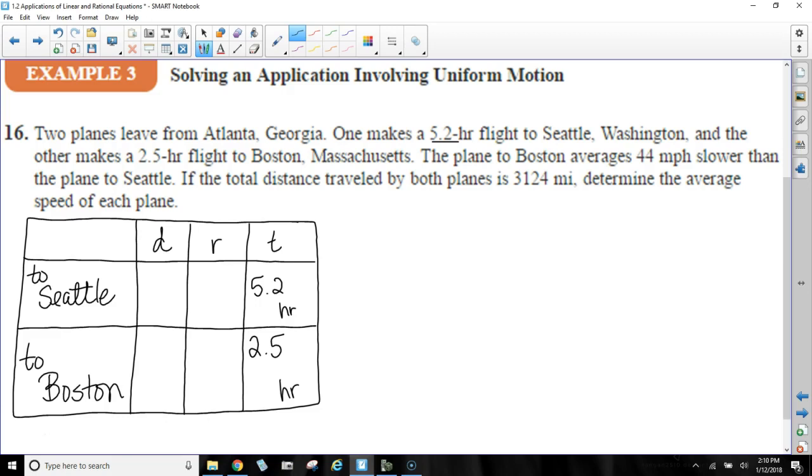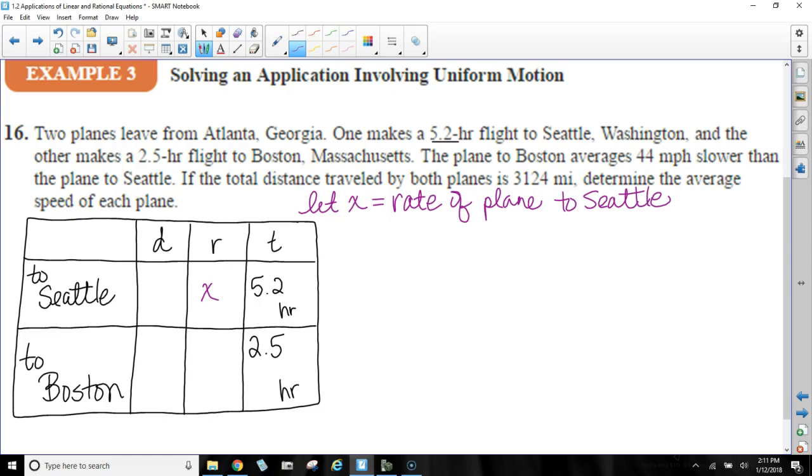It says determine the average speed of each plane. So if we're looking for the average speed of each plane, we're going to let x be equal to the speed, also known as the rate, of the plane that's going to Seattle. So that's going to be x right in there.